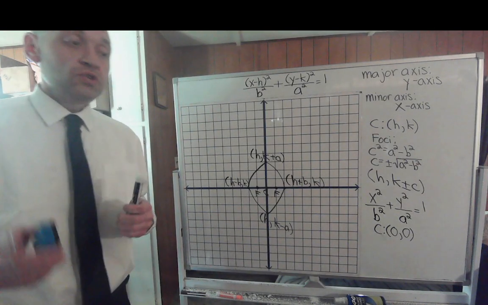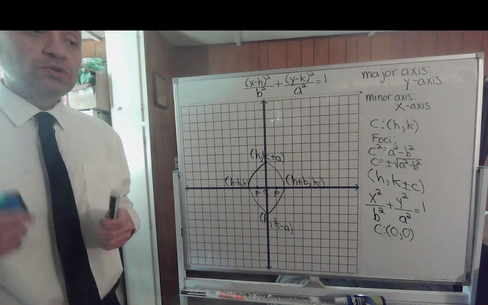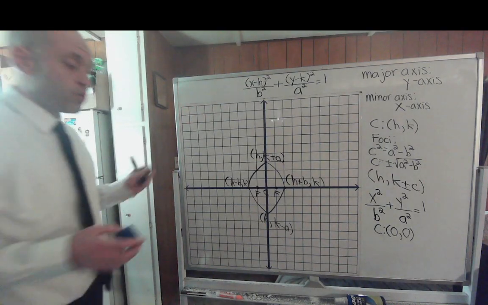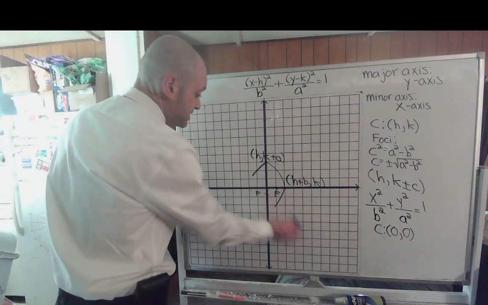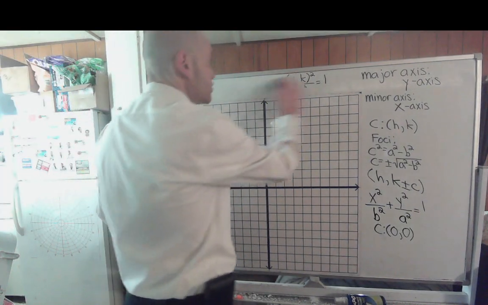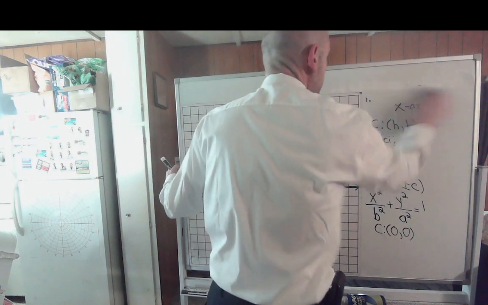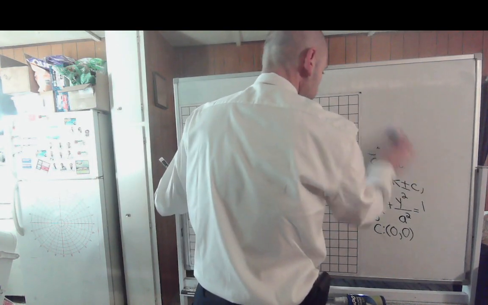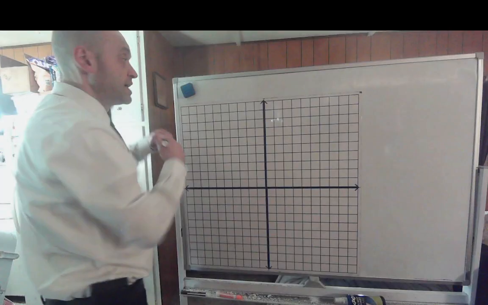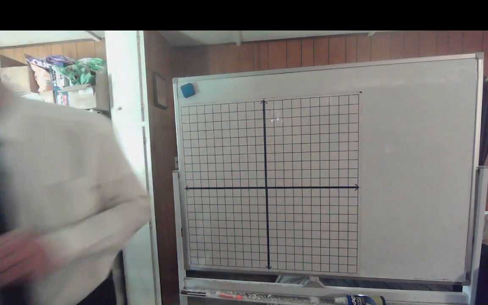So let's do a couple examples where we have an easier equation given to us where the x-axis is the major axis. We'll start with the center at the origin. Let's pick the x-axis as the major axis.